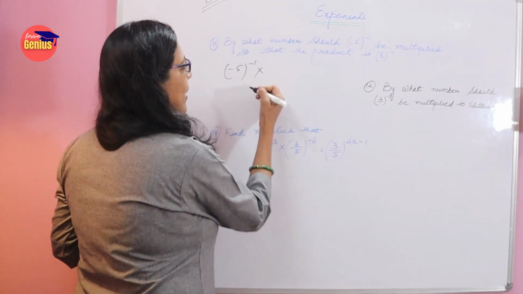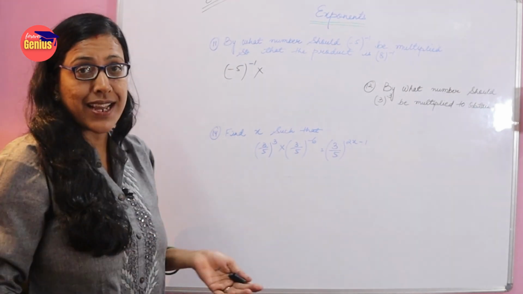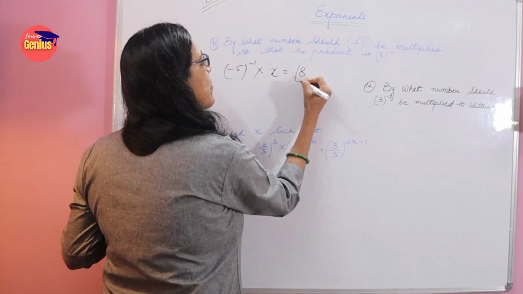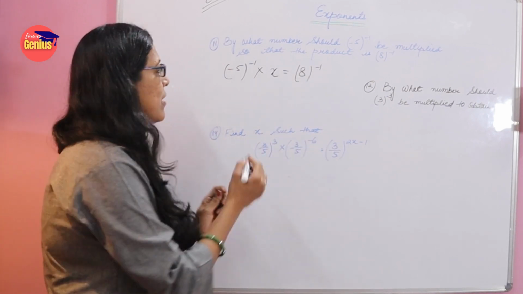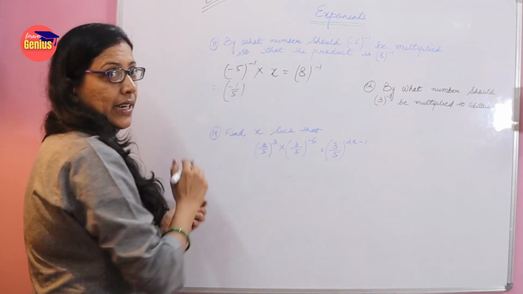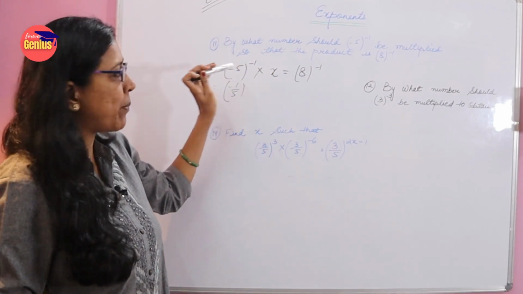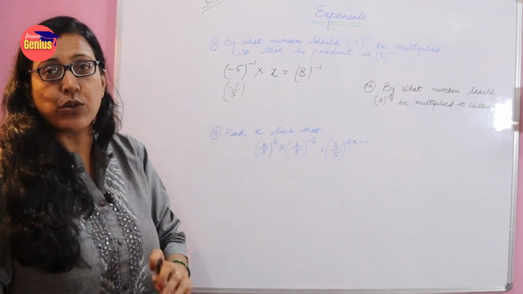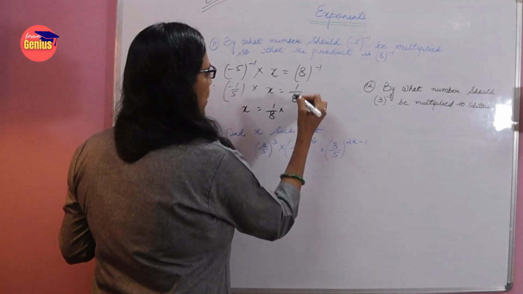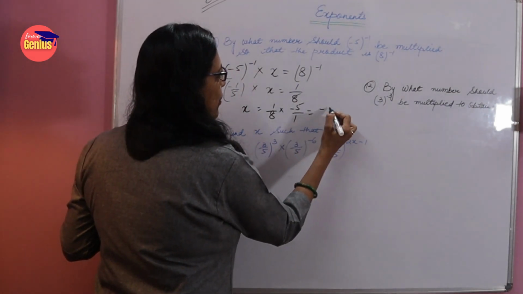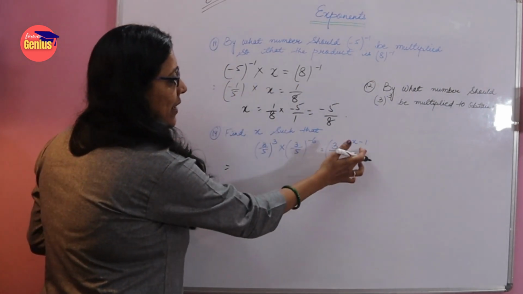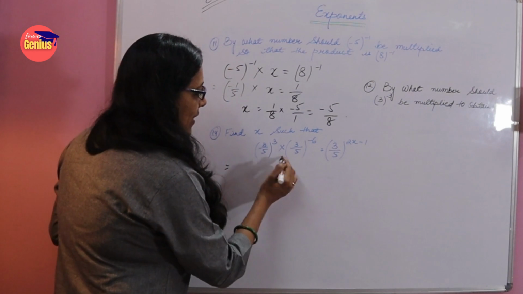So let's assume it is x, so that the answer is 8 to the power -1. Simply, it is in negative power, so first we will convert it into positive power notation. So x equals 1/8 times -5/1, this equals -5/8.